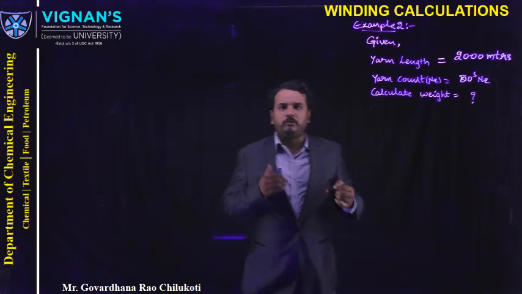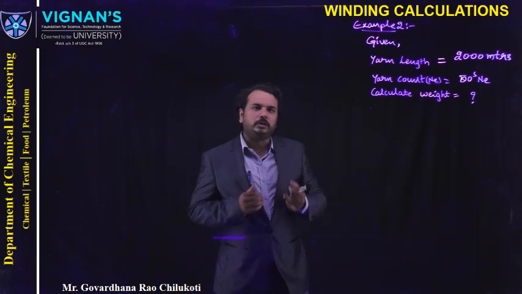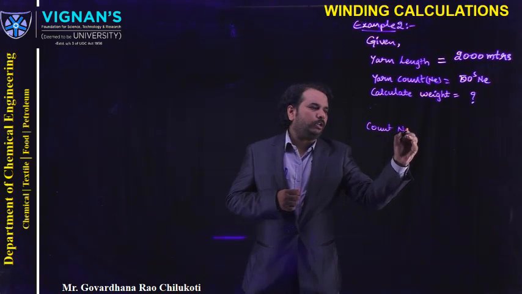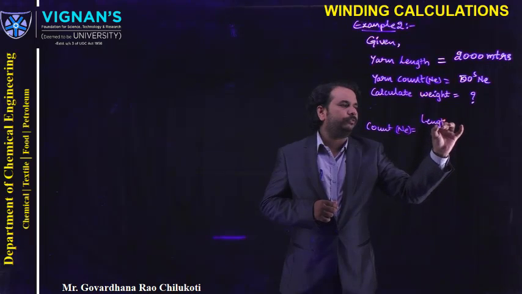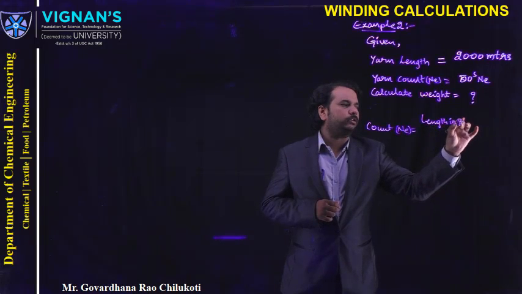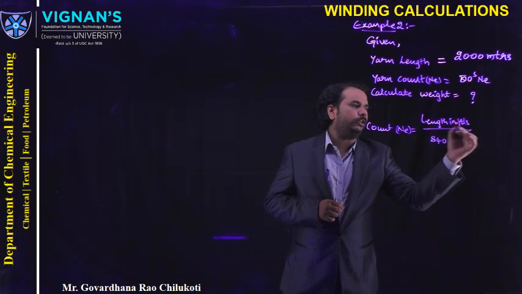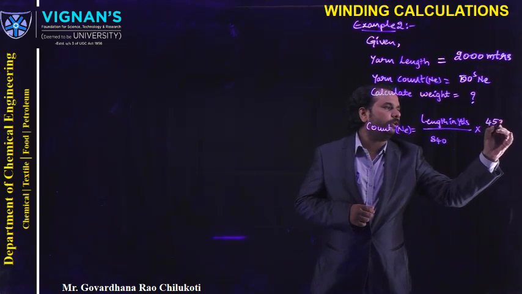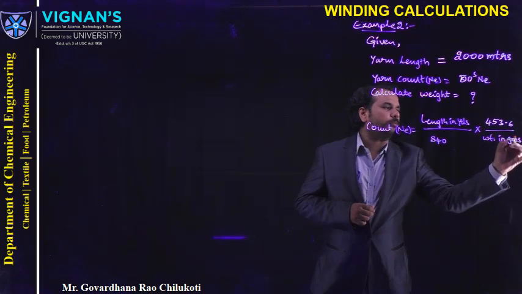Now again I am writing the formula of count, so that it can be reminded. Count Ne is equal to length in yards upon 840 multiplied by 453.6 divided by weight in grams.